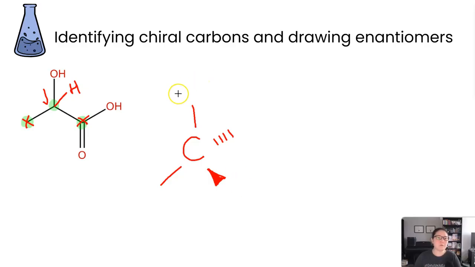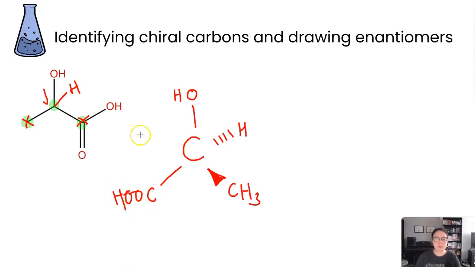After that, for the purposes of this course and for the purposes of just drawing the enantiomers themselves, you just need to make sure that you have the right things on your carbon. So make sure that they are actually correct to what the attached bits are in this molecule.